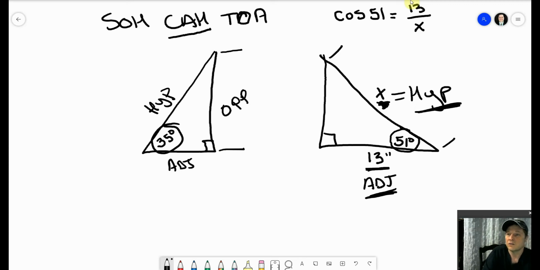And now I showed you guys how to rewrite the formulas. I won't go through all those steps. I'll just jump to the next step: 13 divided by the cosine of 51 equals x. So now it's just punch it in your calculator, right? 13 divided by bracket cosine 51 bracket equals, and that'll give you the length of the hypotenuse.